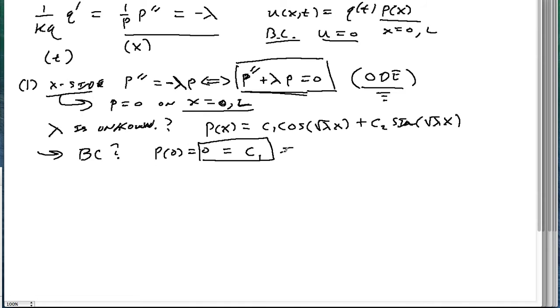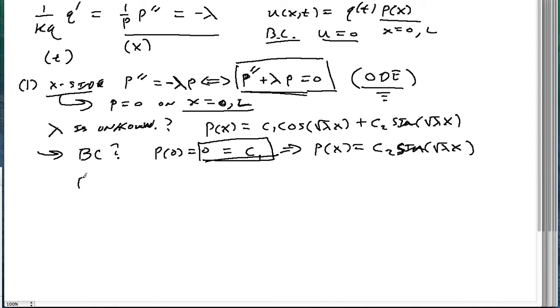That implies P of x is equal to C2 sine square root of lambda x. This is true for any lambda, but we still don't know what lambda is; we certainly know now that C1 is 0.